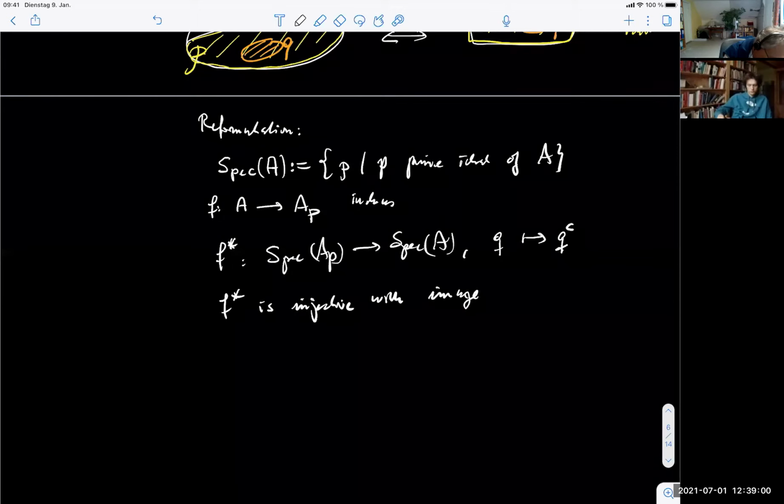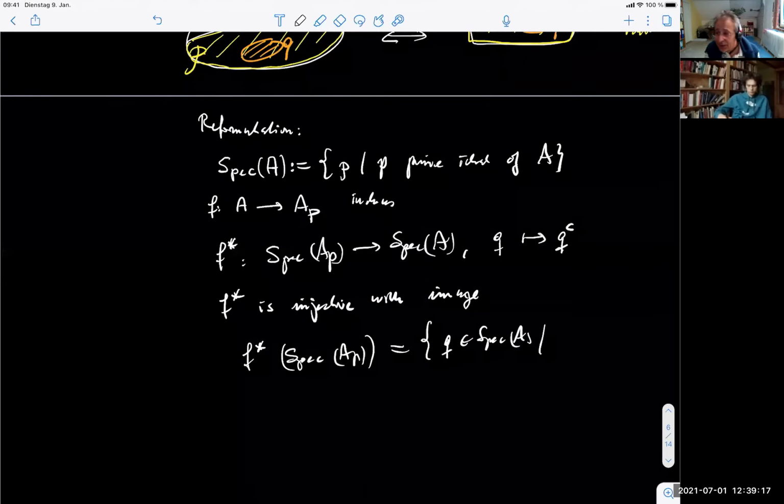Okay, so what is the image? Let's write the image of Spec AP. We know what this is. The image consists of those prime ideals that are contraction ideals.